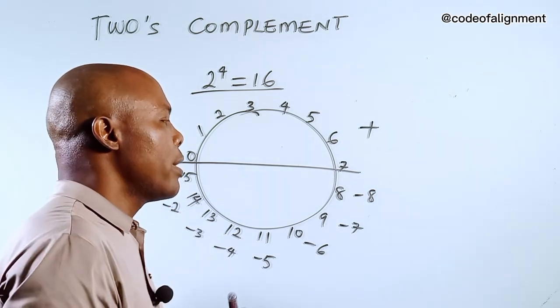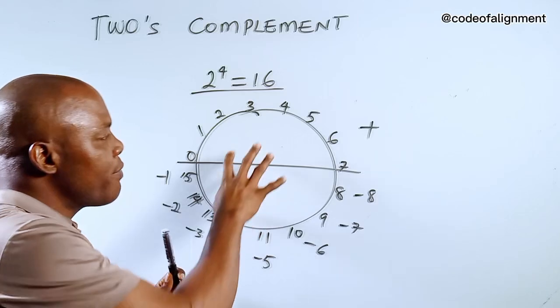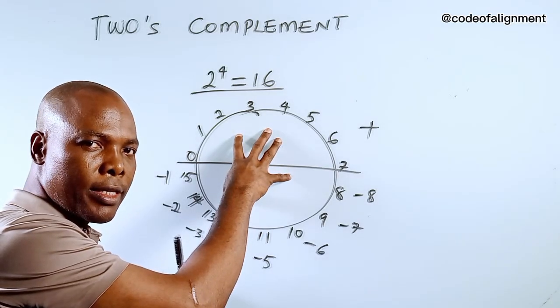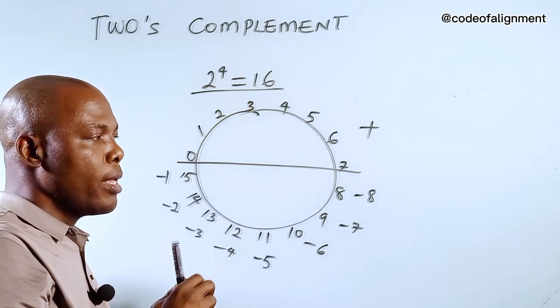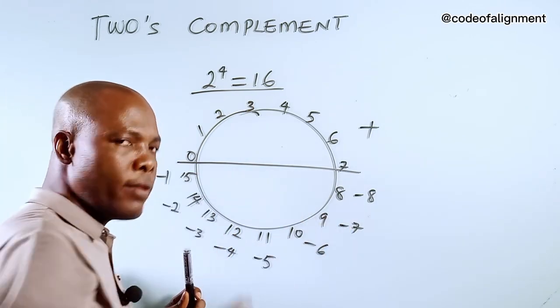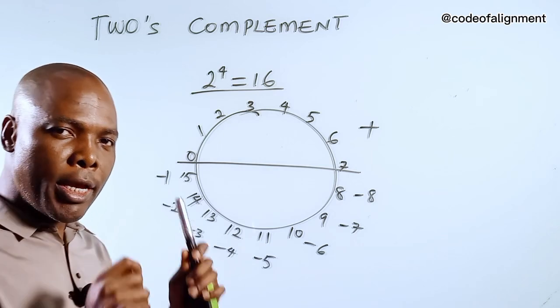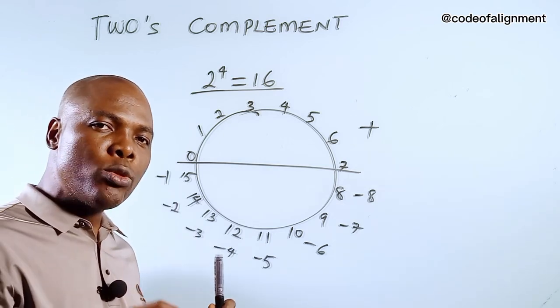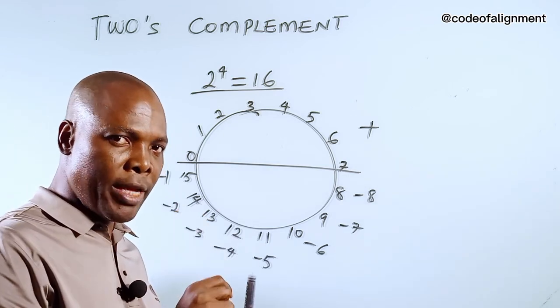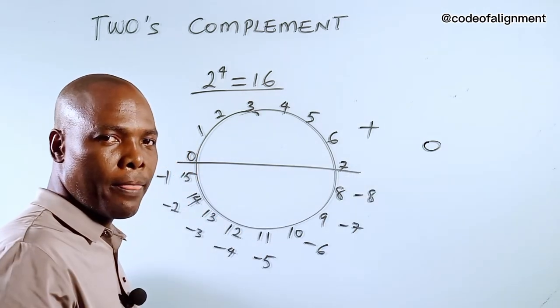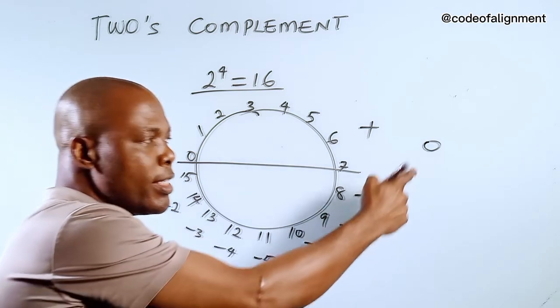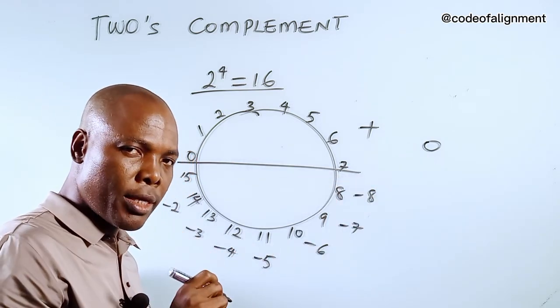So if we are having a constant universe like this, 0 to 16, it means that a negative number is simply a number that when added to its positive equivalent, you are going to have 0. And I have told you, 0 does not mean nothing.